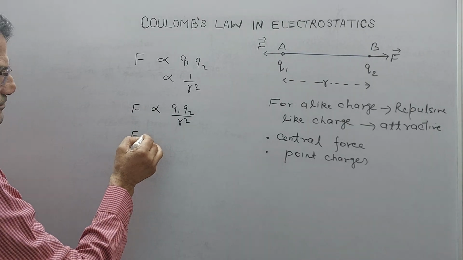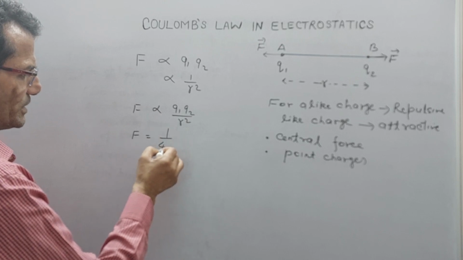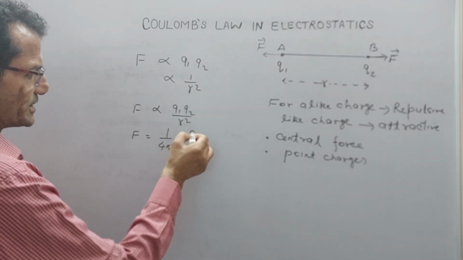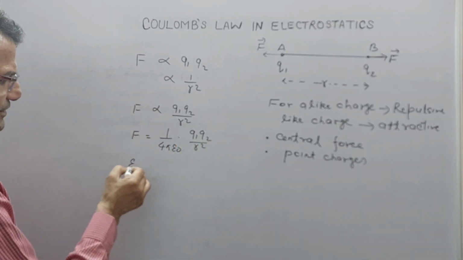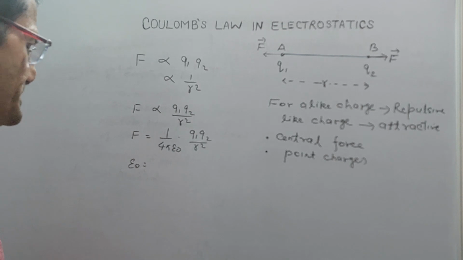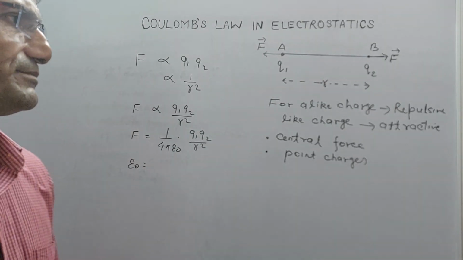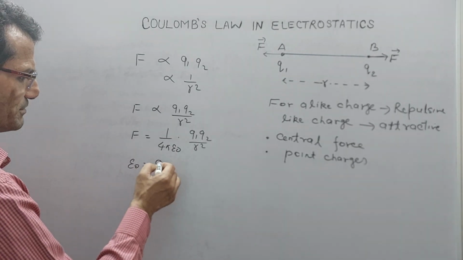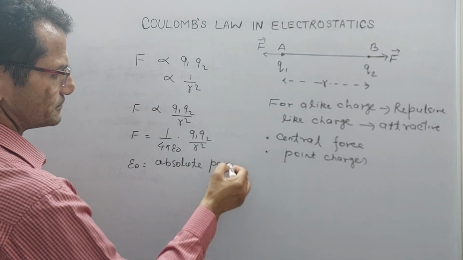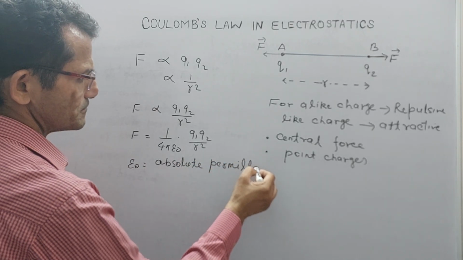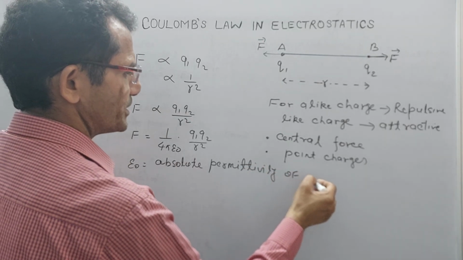So here we have to use a proportionality constant, that is 1 upon 4 pi epsilon naught, times the product of the charges divided by r square. Here epsilon naught is the absolute permittivity of free space or vacuum. We call vacuum free space.